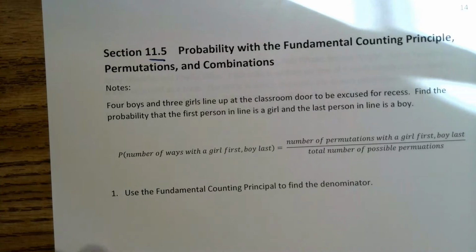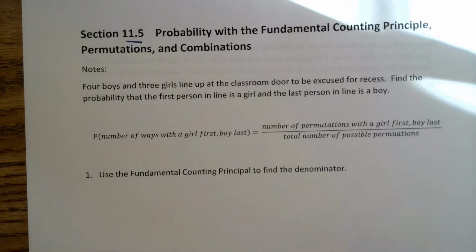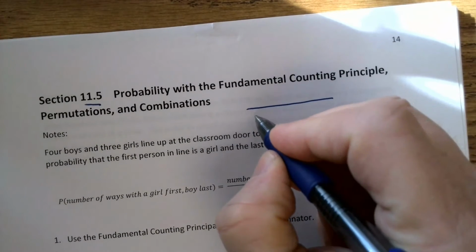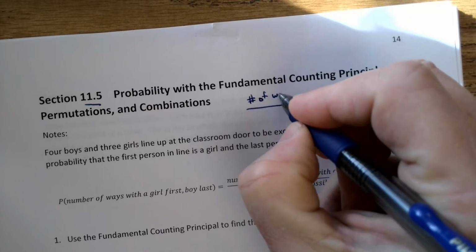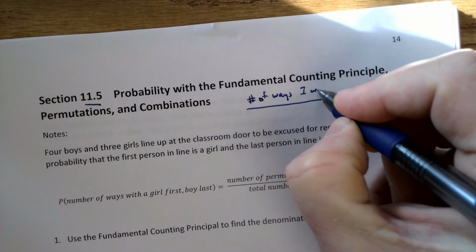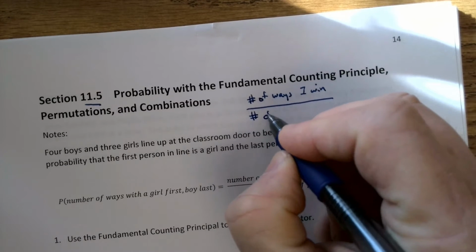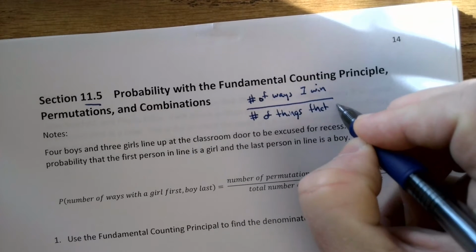This is where it does get a little bit confusing. Okay, this is the harder part. However, try to keep it as simple as possible. Okay, so here is what we want to remember: probability is basically the number of ways I win divided by the number of things that could happen.